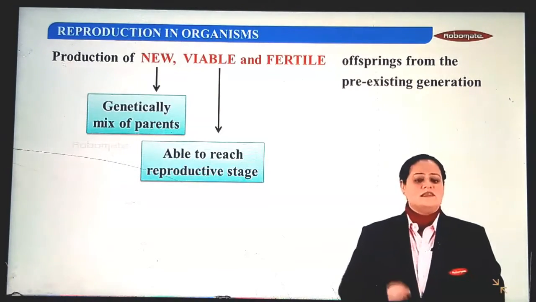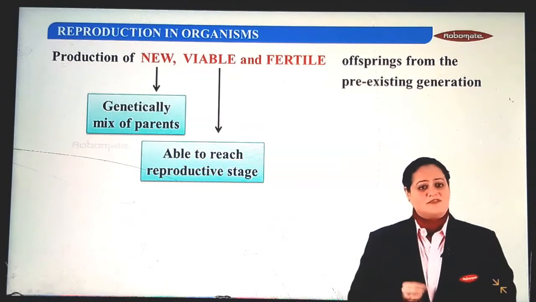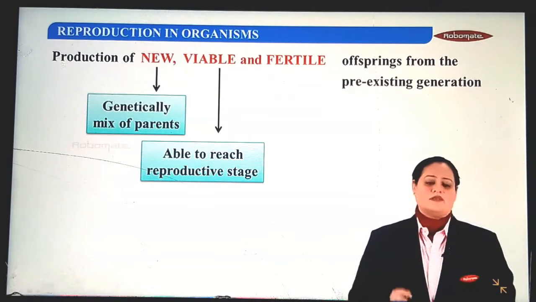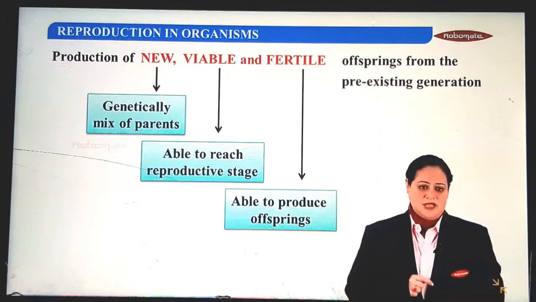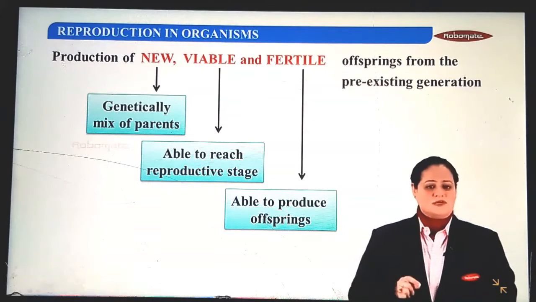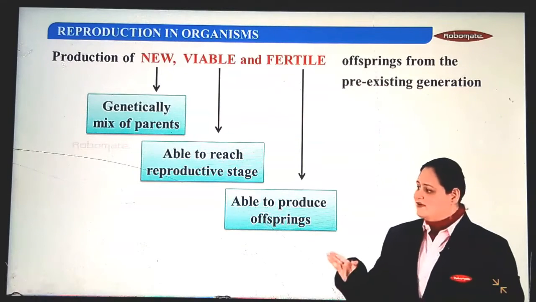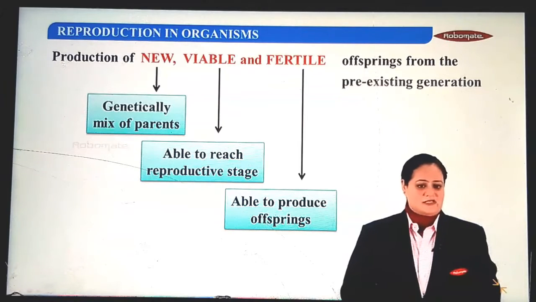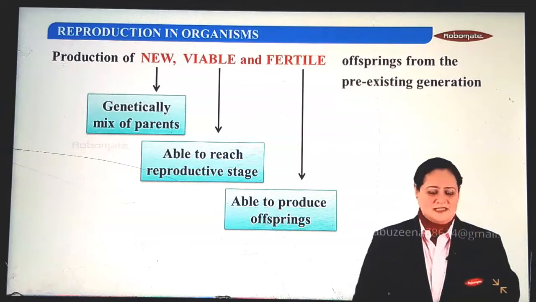Viable means the individuals are able to reach a stage at which they can reproduce, that is called the reproductive stage. What is fertile? Fertile means that after reaching a reproductive stage, the individuals are able to produce the next generation, that is their offsprings. So three words defining reproduction: new, viable and fertile.